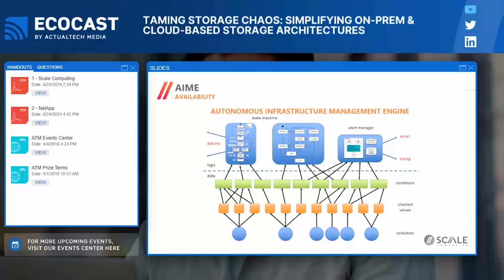Paired with that, we have our AIM functionality. This is the Autonomous Infrastructure Management Engine, and think of it as the watchdog for the system. It takes a bunch of data points from all of our collectors. Those collectors get fed into these checked values that are looking for the status of each of those collector elements.